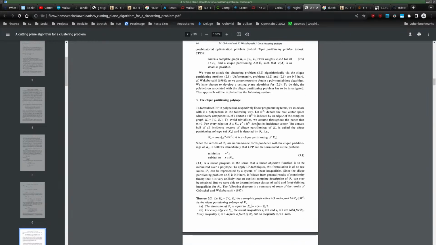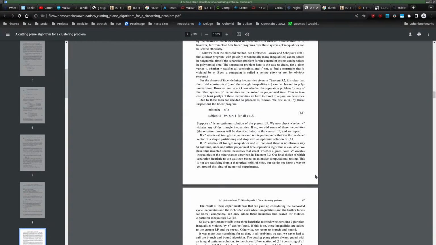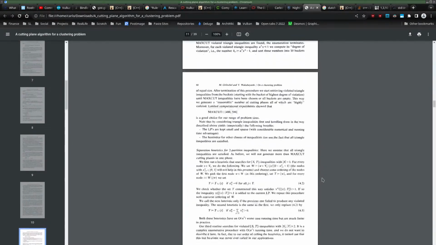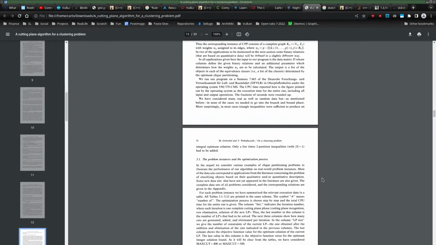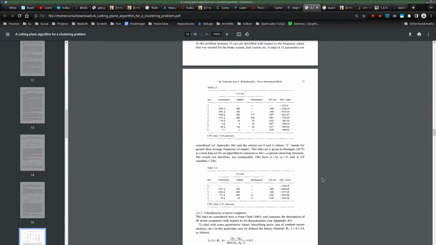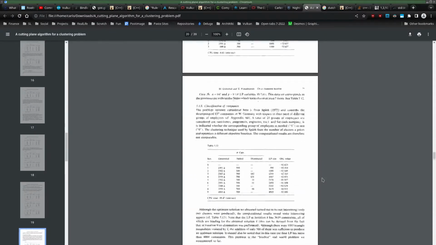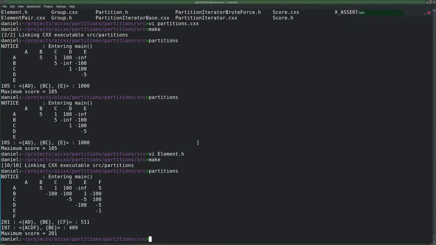But what I'm doing is indeed clique partitioning polytope in an e-dimensional space, where e is the number of edges. Except that I think whatever they did here is a lot of theory, not very practical. I don't know what they did. They should have given a program that I could run. So at some point I decided to just start doing my own thing. But that's about the only thing I could find.